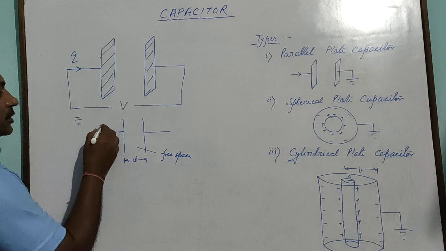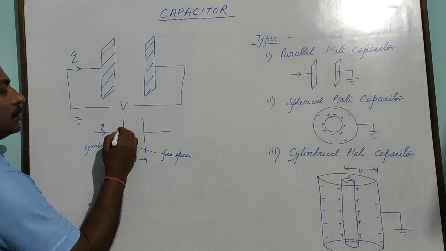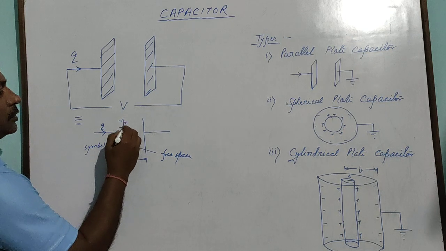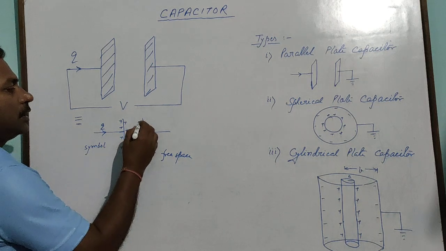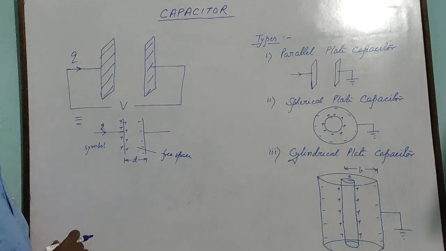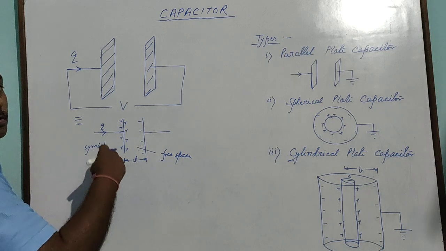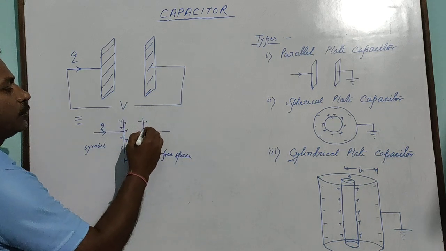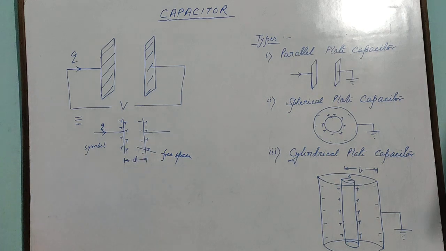When we provide charge by using any source, that charge will develop on both faces of the first conductor. Due to this, negative charge will appear on the second conductor, or we can say the first face of the second conductor, and an equal amount of positive charge will appear on the second face.